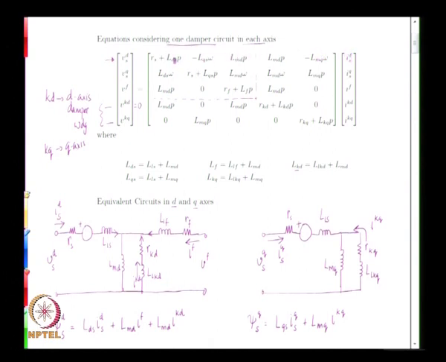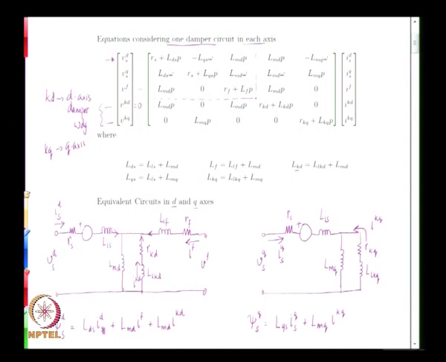If you look at all the d by dt terms that are occurring, that is the first, third and the fourth one, P of LDS IDS can be written as P LDS IDS. Similarly, this term can be written as P LMD IF and this is P LMD IKD, and that is what you see exactly here.